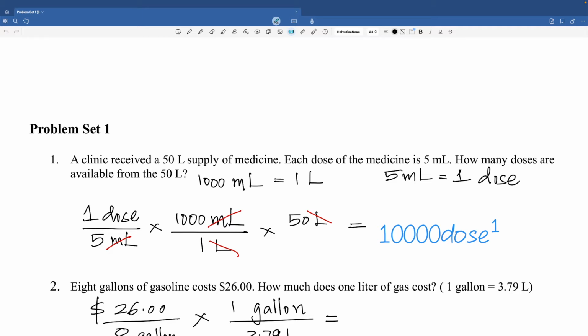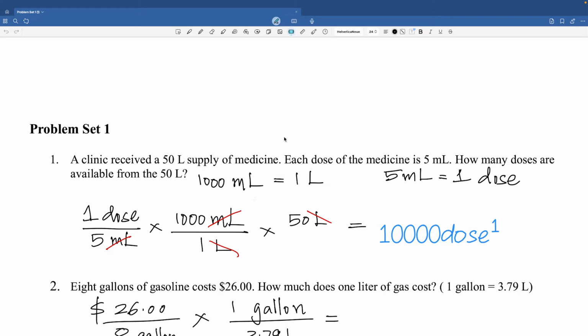So the question is, how many doses of medicine can the clinic make from 50 liters? So for this, we need to know the conversion between milliliter and liter. The word milli stands for 1 by 1,000, which means 1,000 milliliters is 1 liter.